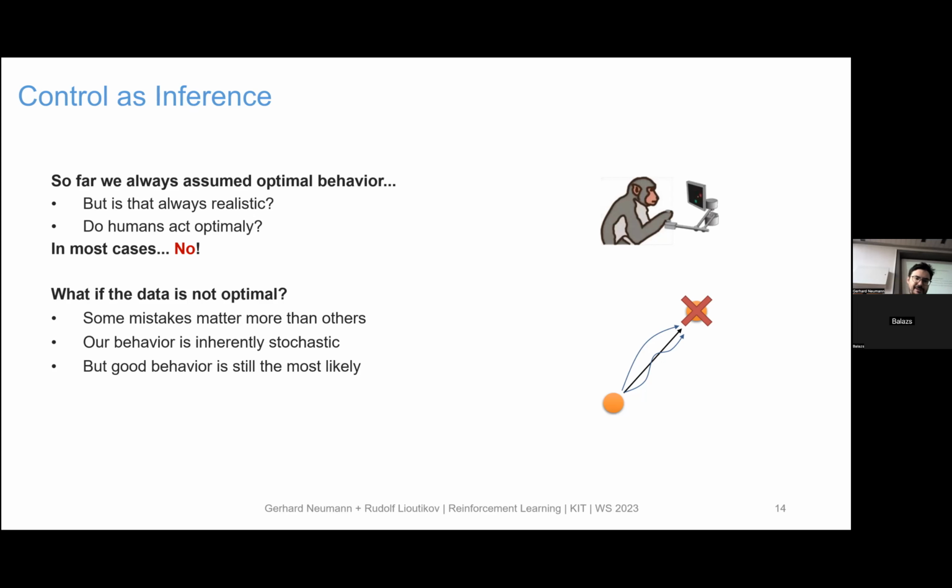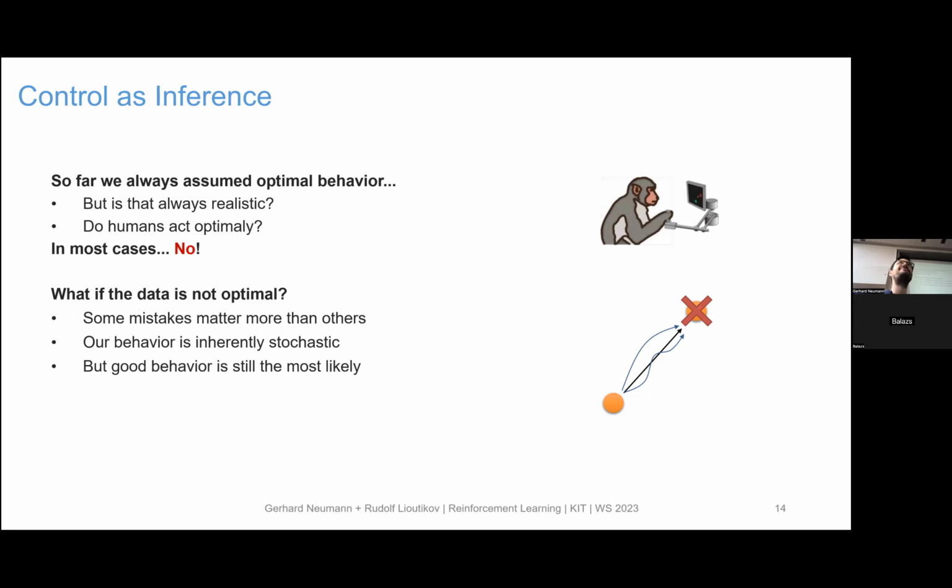And there's only one optimal solution for this. But our behavior is inherently stochastic. So we will always do, for example, going to a target point in different ways. If the task is going to the target point, we will go there in different ways, but we will all reach the target point.